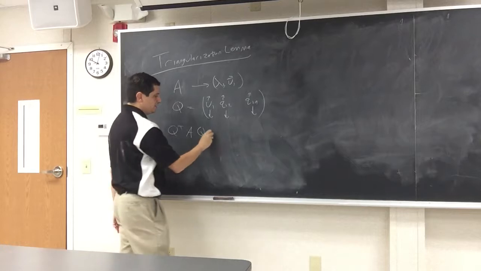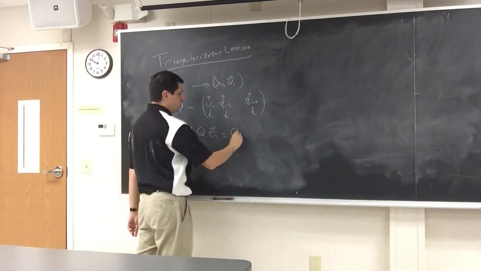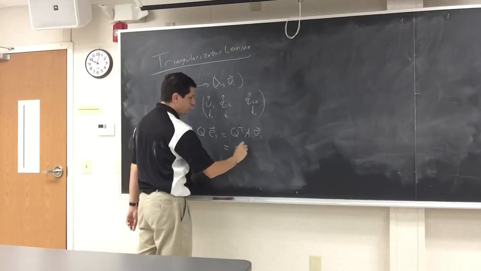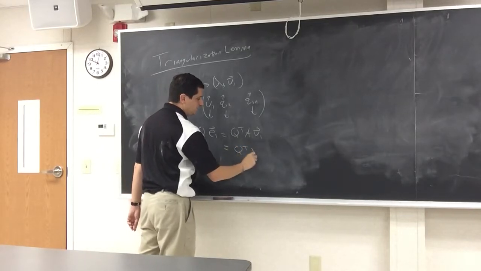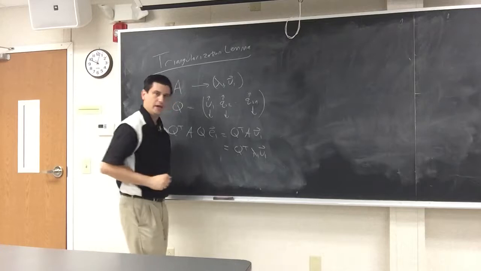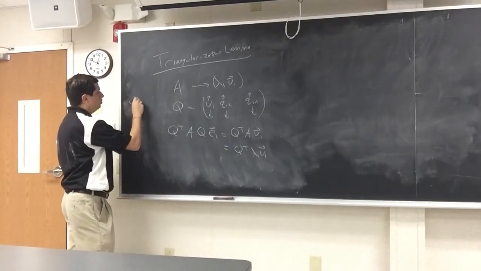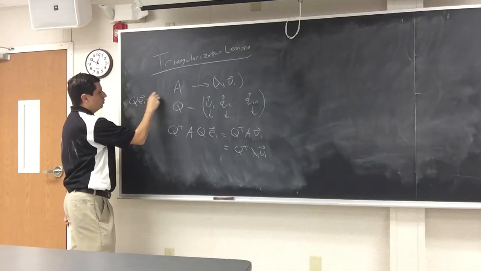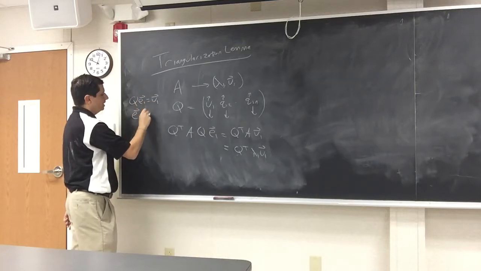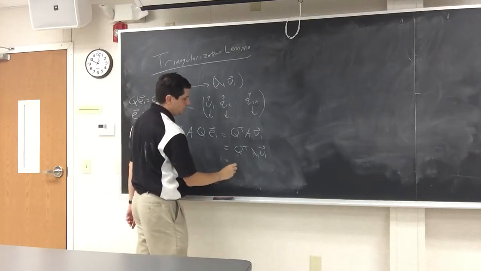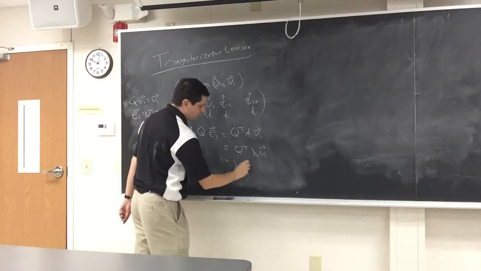When you apply E1 to this, you get Q transpose A V1, which is Q transpose lambda 1 V1. And then, if Q E1 is V1, then E1 is Q transpose V1. So you get back just lambda 1 E1.